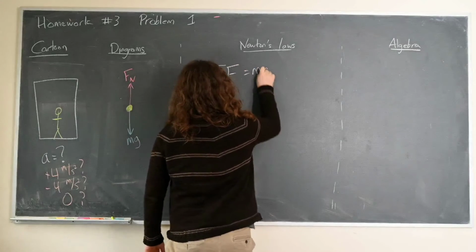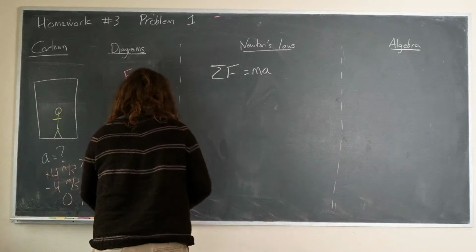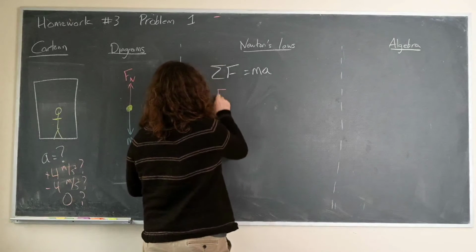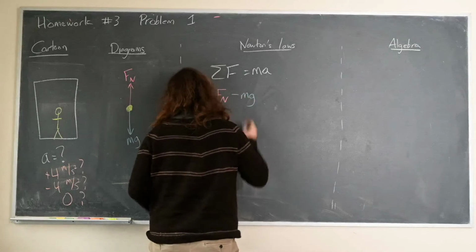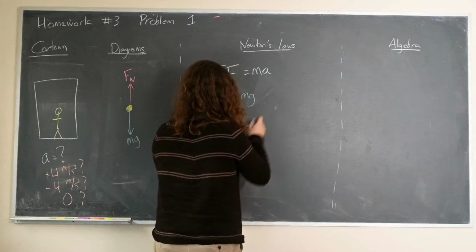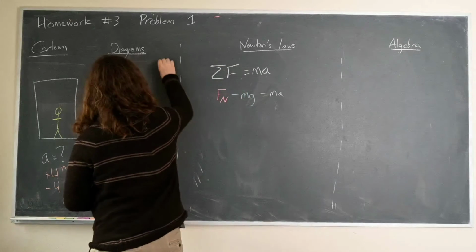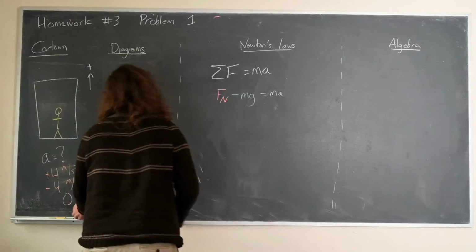We've only got one direction and one object, so I have one equation. I'm just going to have that the normal force minus mg equals ma. Here we'll choose the conventional coordinate system where up is positive.